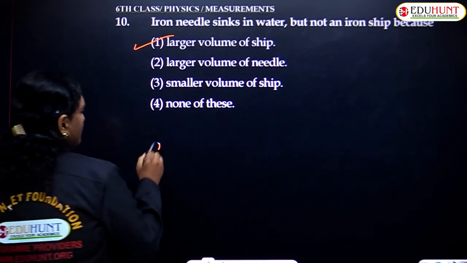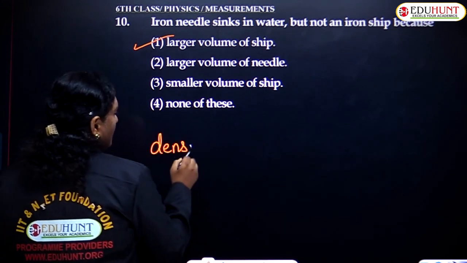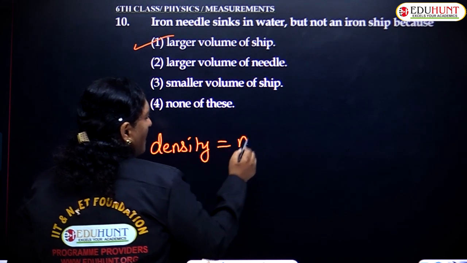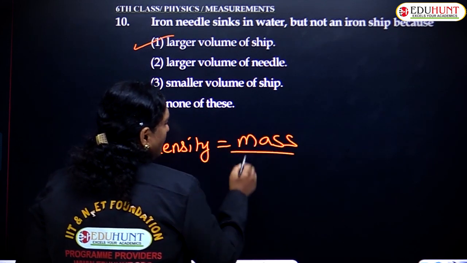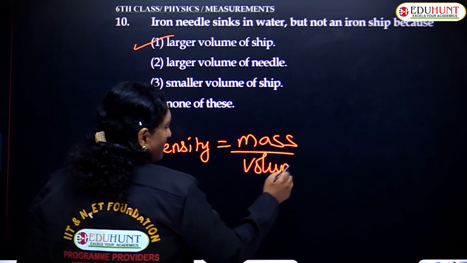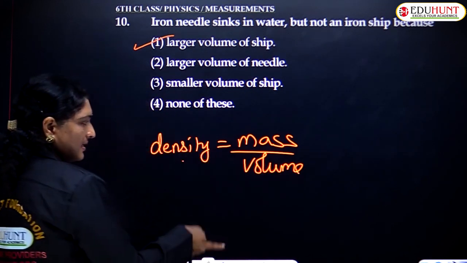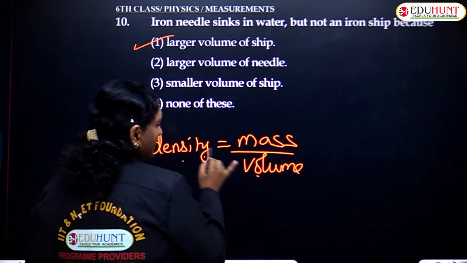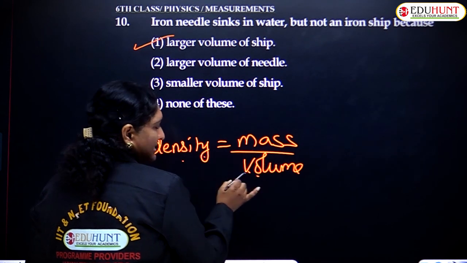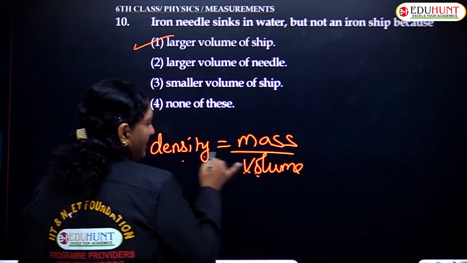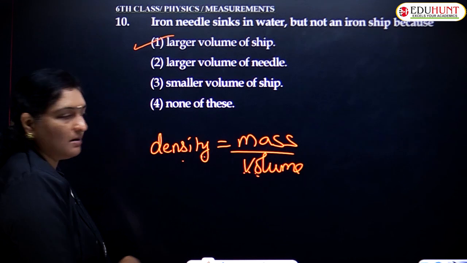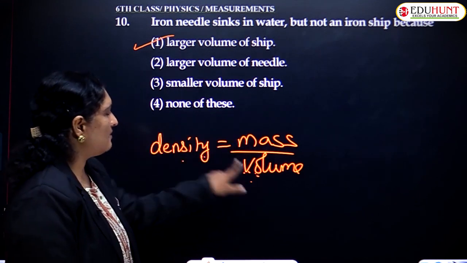The reason behind this is we know that density equals mass by volume. If density is more than water, then it will sink. Volume and density, how are they? Inversely proportional. Larger the volume, lesser will be the density. For a given mass, larger the volume, lesser the density.